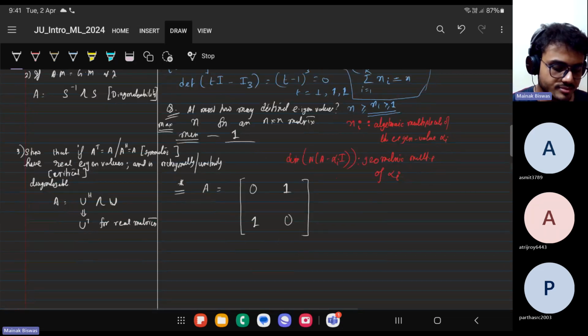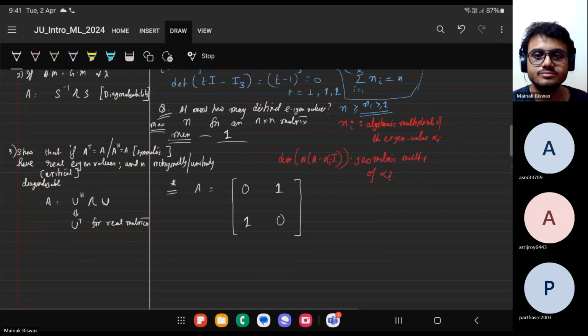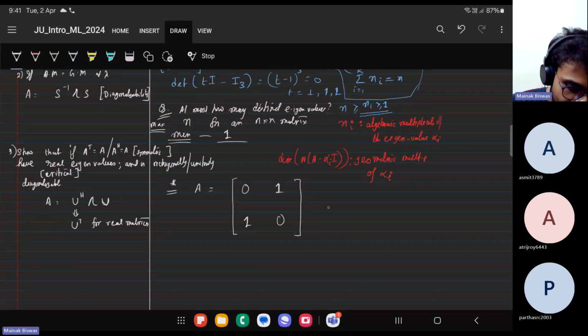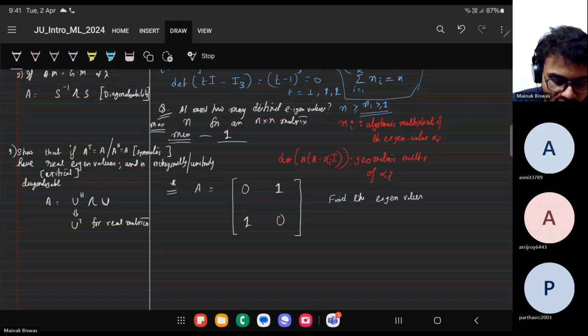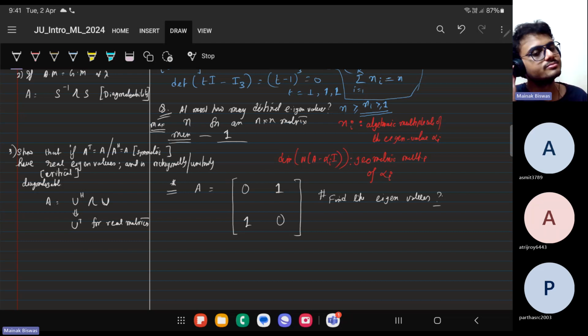How will I do it? What should I do if I have to find the eigenvalues? And don't worry about the Hermitian matrices. We will see them. Find the eigenvalues. What will I do?